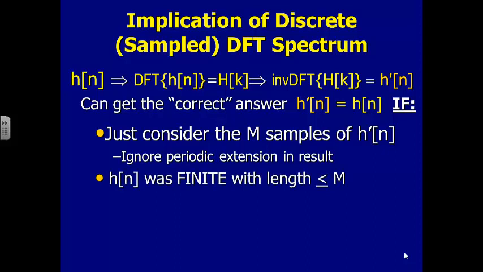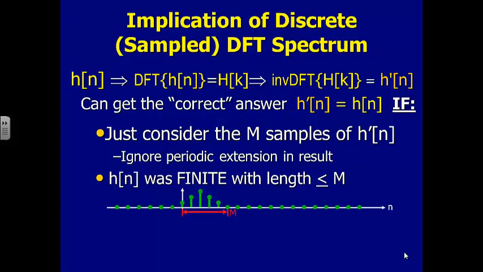If your original signal back here truly was a finite length signal, and the number of samples you included did include every non-zero sample of that signal. So I got the whole signal and transformed it, and I inverse transform it to get back what I was supposed to get. I can use that signal, I can do what I want, it's all good.